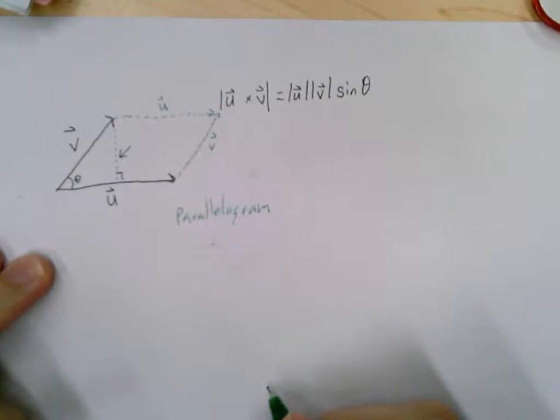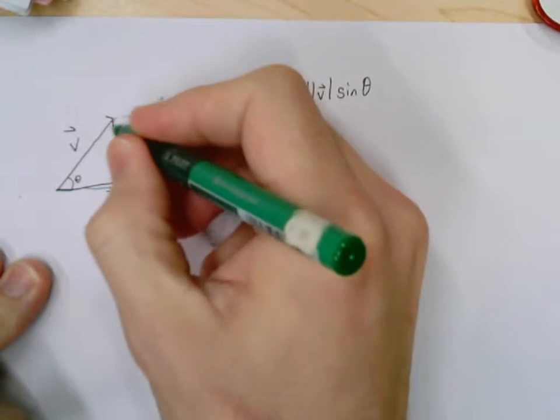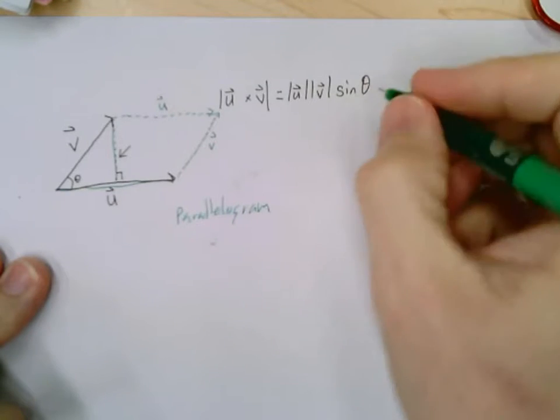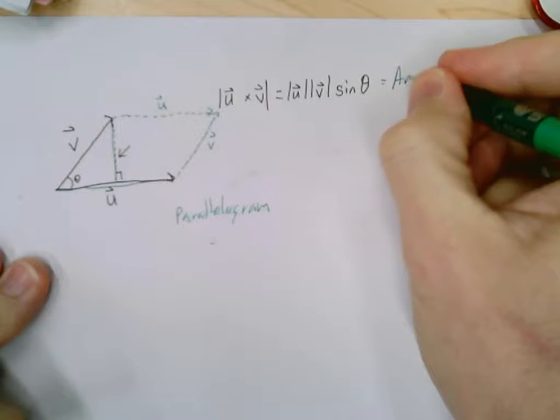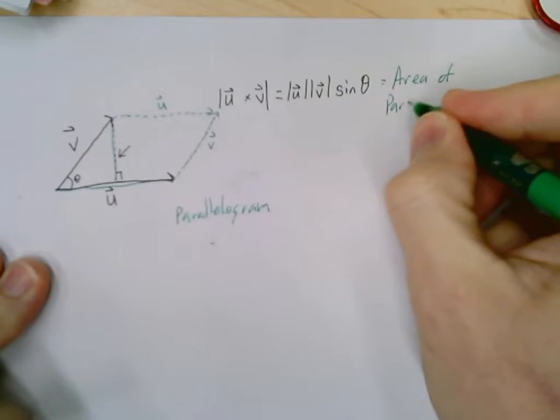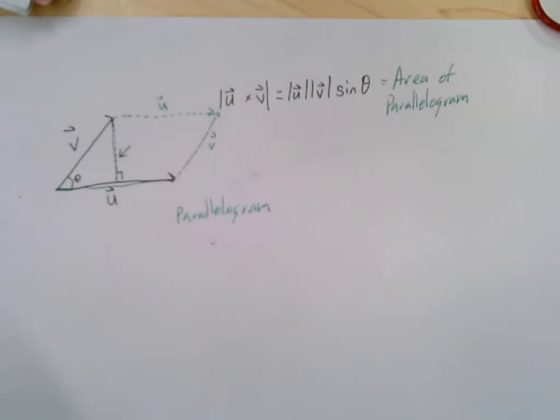And what do I get when I multiply u times the vertical component of v? When I multiply those two values together, I get the area of the parallelogram. Is that snazzy or what? I think that's kind of cool.